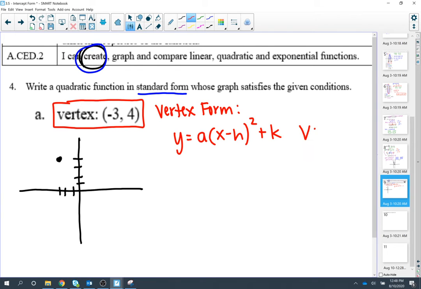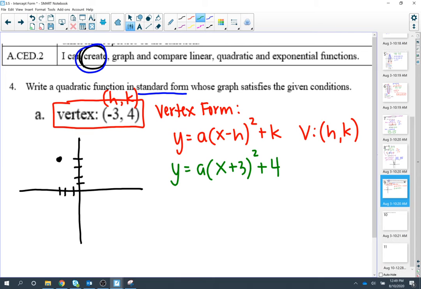Remember the vertex here is h, k. So the vertex we were given is -3, 4, and that's going to be my h, and that's going to be my k. So I'm going to say, okay, y equals a(x minus -3, so plus 3) squared, plus k, which is 4.